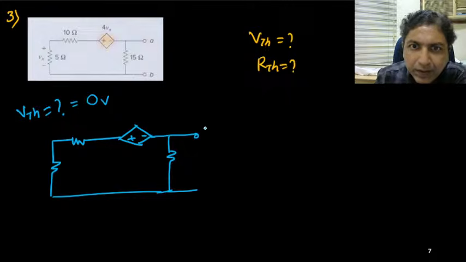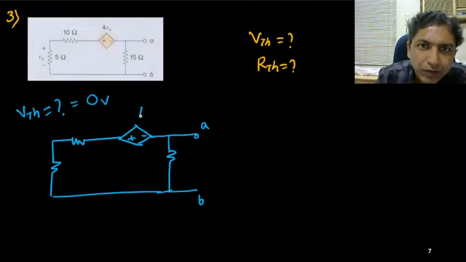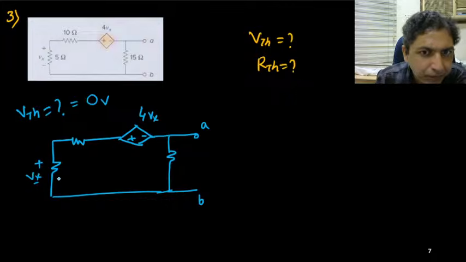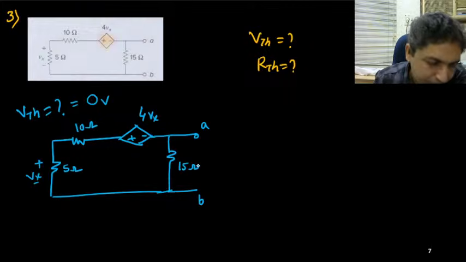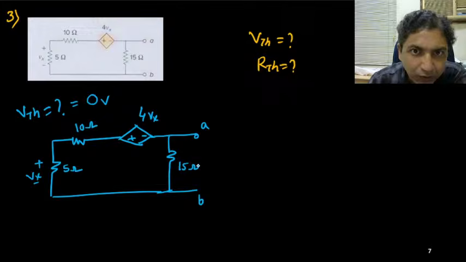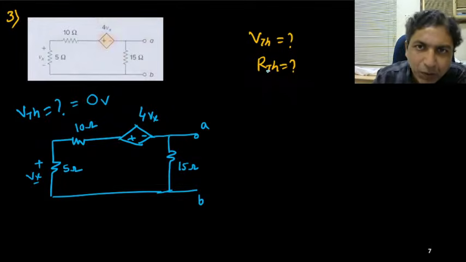Okay, these are nodes A and B. This is 4 Vx, if this potential is Vx. This is your 10 ohm, this is your 5 ohm, this is 15 ohm. Okay, now to compute RTH, what will you do?